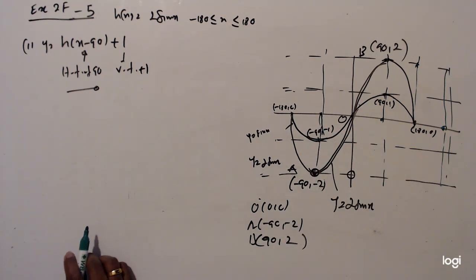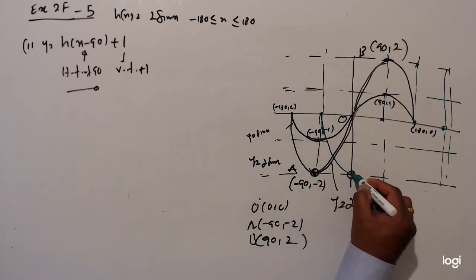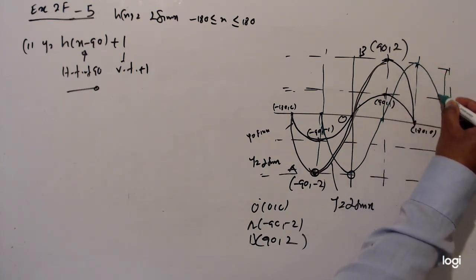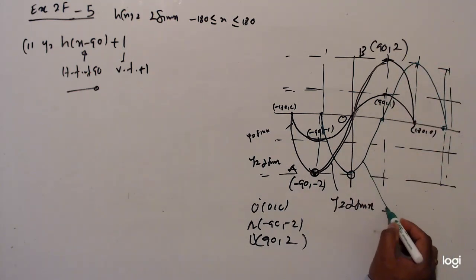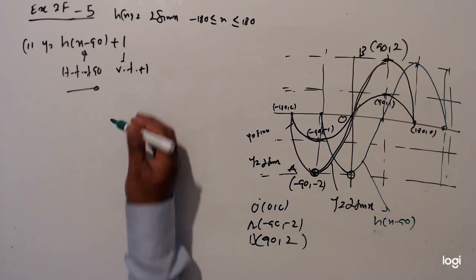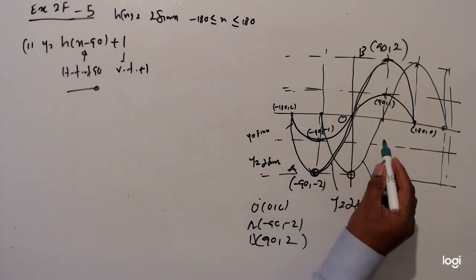So that is 90 degrees to the right. So this is h(x minus 90). And then we have to bring it up by one, the green graph.